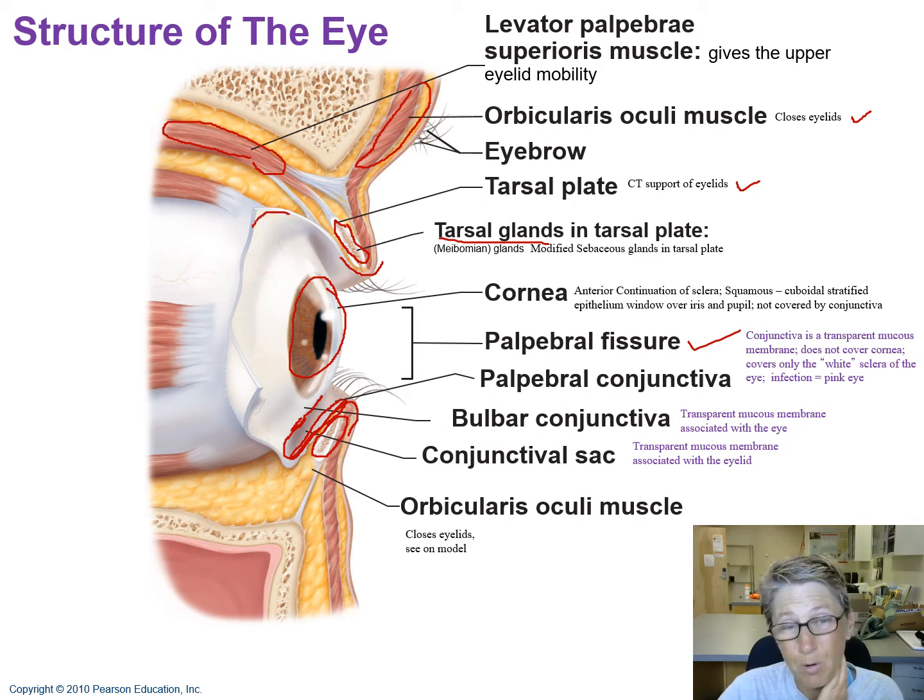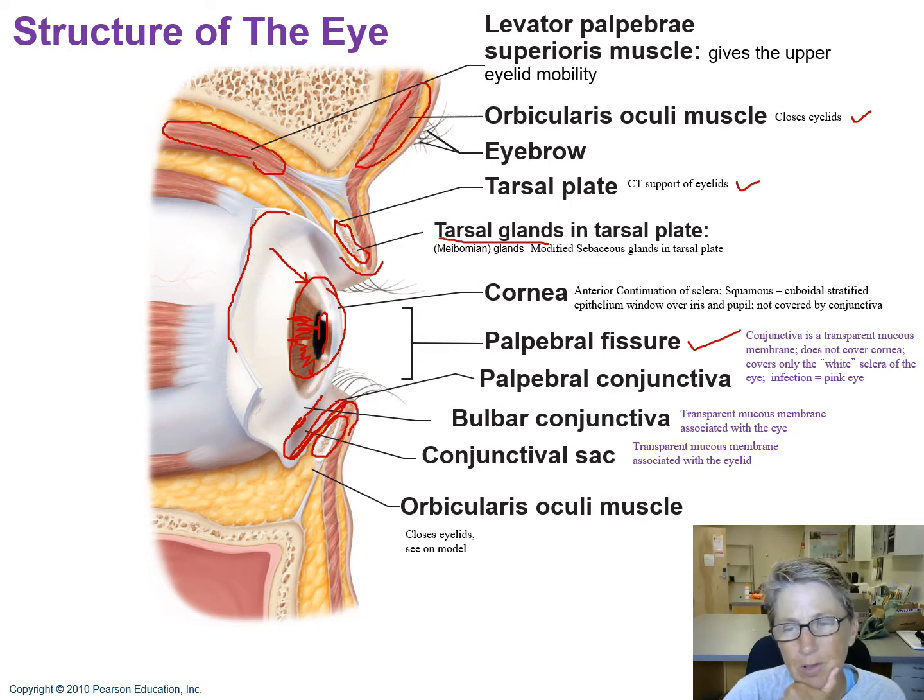So this part that's all cut here, that's all sclera, and the anterior continuation here is the cornea. And it's made of stratified cuboidal epithelium, and it's kind of a window over your iris and pupil. So this is all iris, and then we talked about that opening is the pupil. But the cornea is not covered by the conjunctiva.